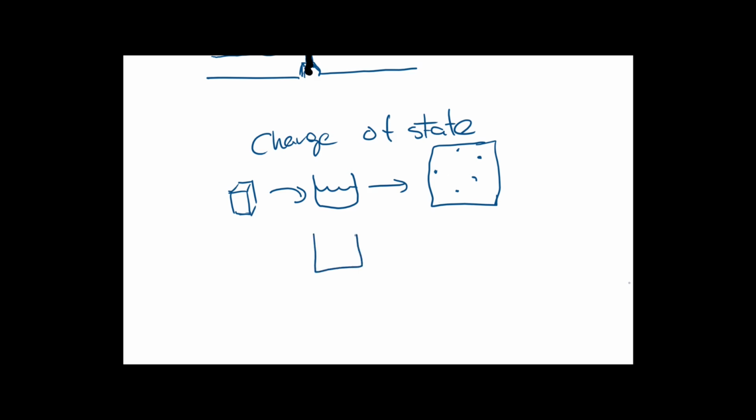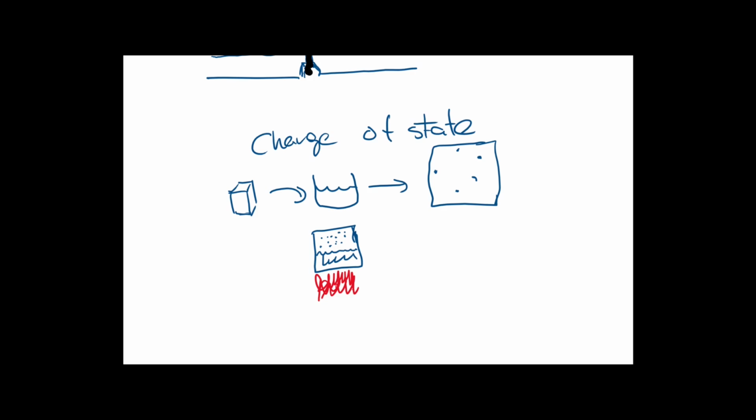If we have an engine here, for example, and we put water in here, and underneath that we put a fire, and we heat that up until it becomes steam, we can use that.